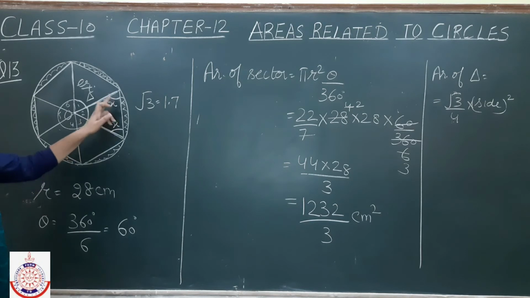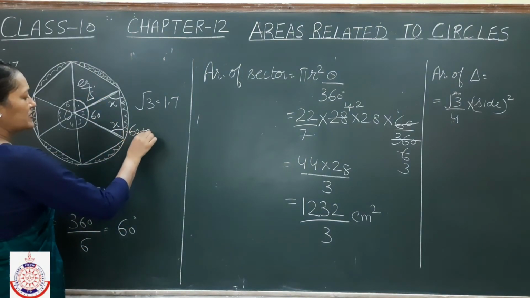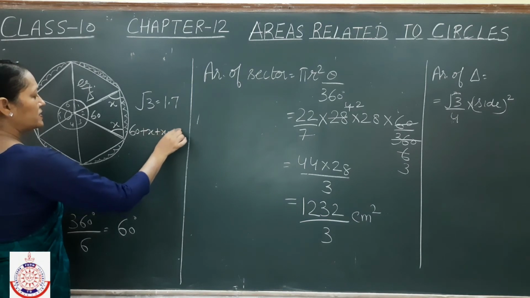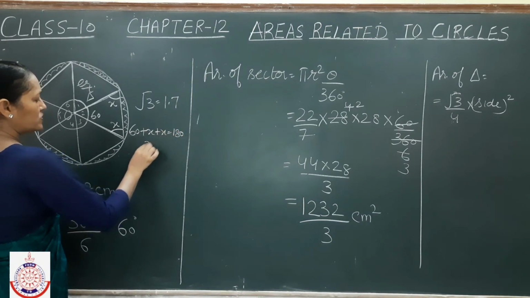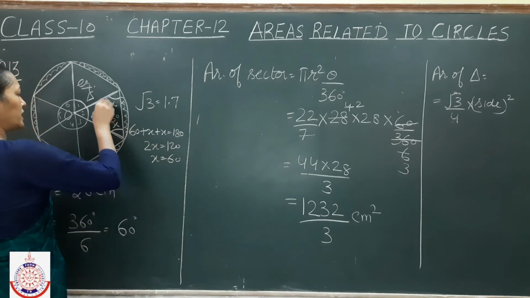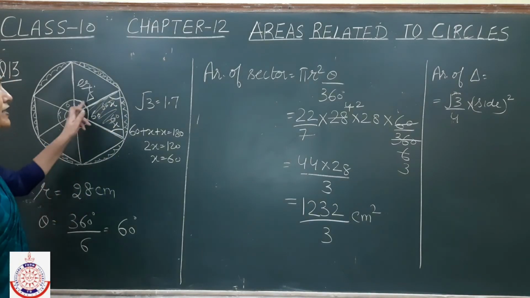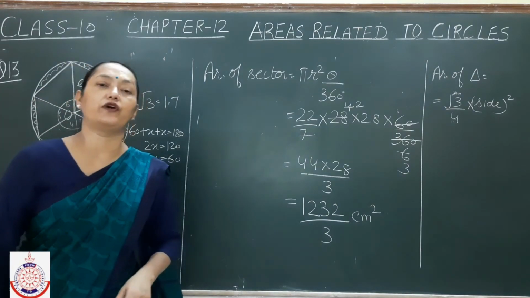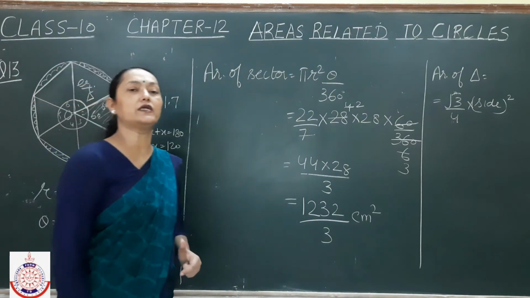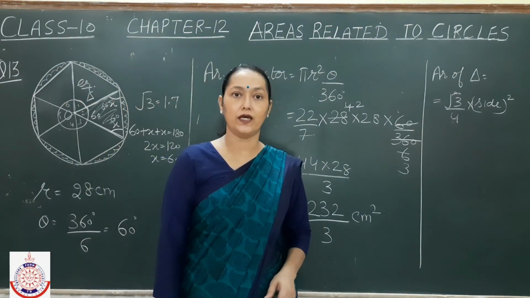And we know that in a triangle, the sum of all the angles is 180. So 60 plus x is equal to 180. So after calculation, we will get these angles are also 60 degrees. So that means these triangles are equilateral triangles. And for equilateral triangles, we know that the area of triangle is root 3 upon 4 into side square.